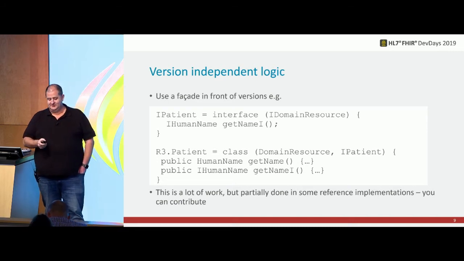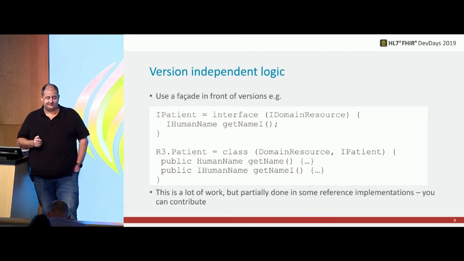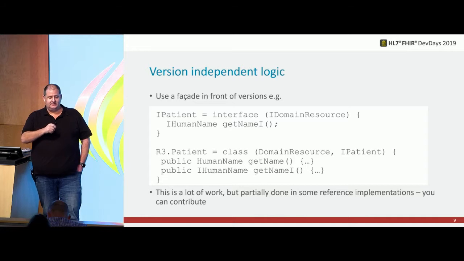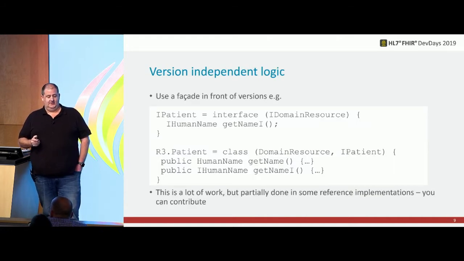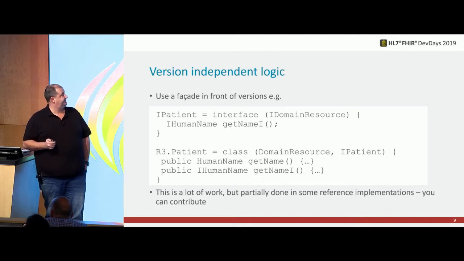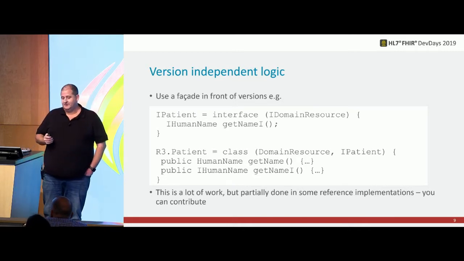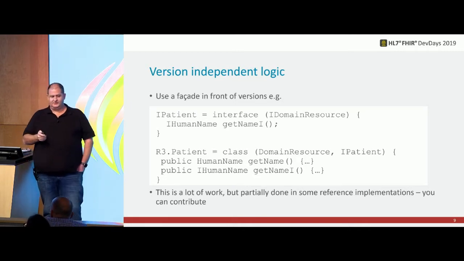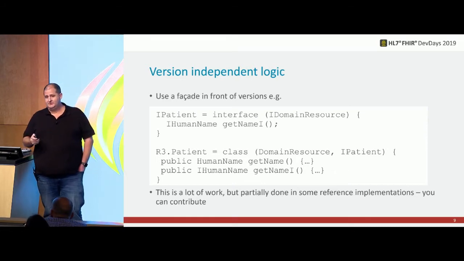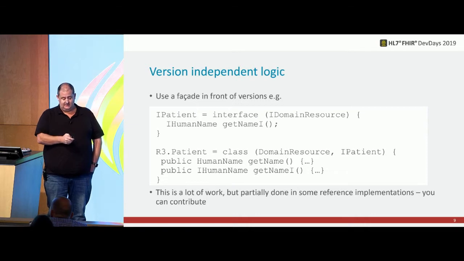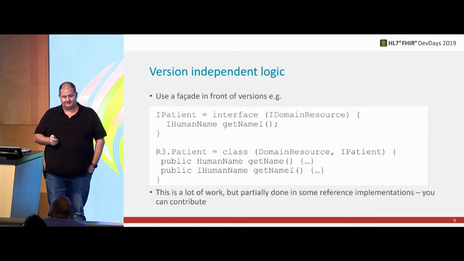It's much easier to do it as a community. James and I do most of the work in HAPI, where we have some of these. So those things exist. But yeah, it's a fair bit of work. So that's kind of a version conversion strategy. What happens generally is people just write their own conversions, but you can depend on those existing conversions.